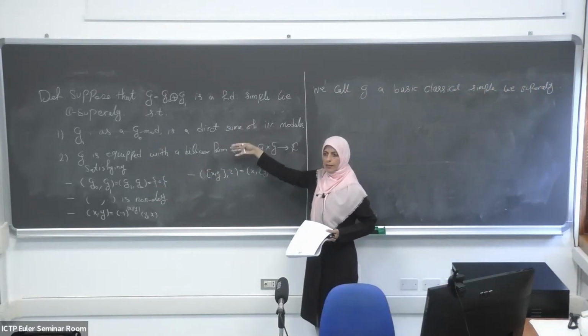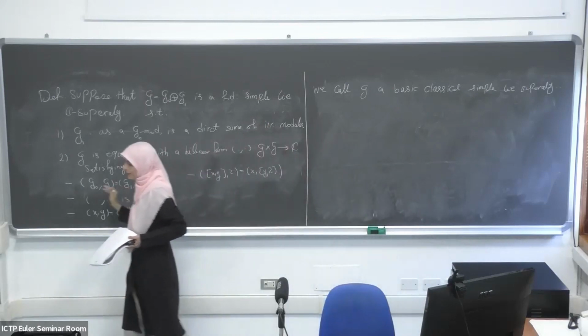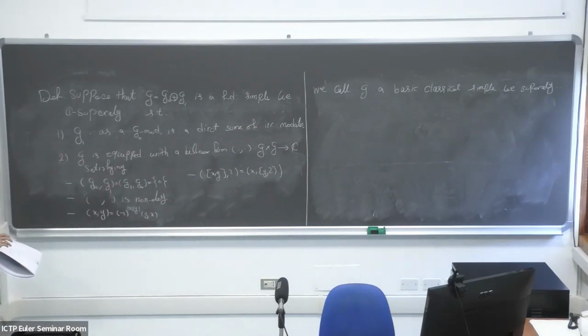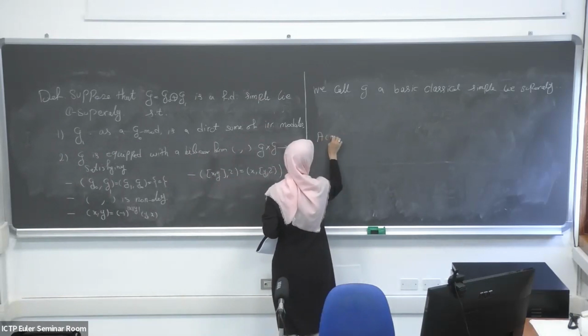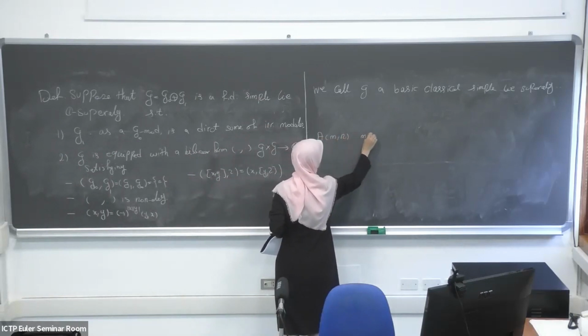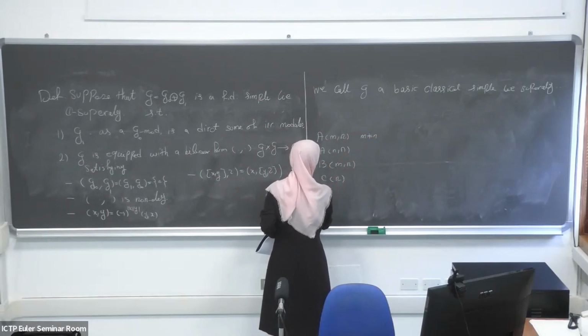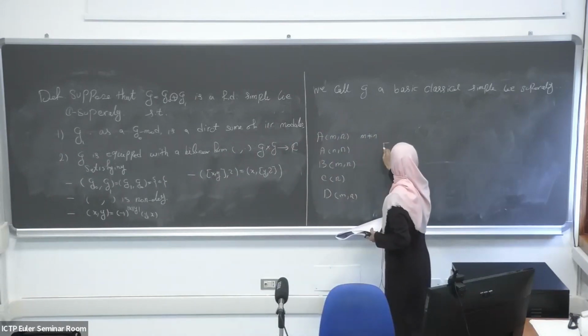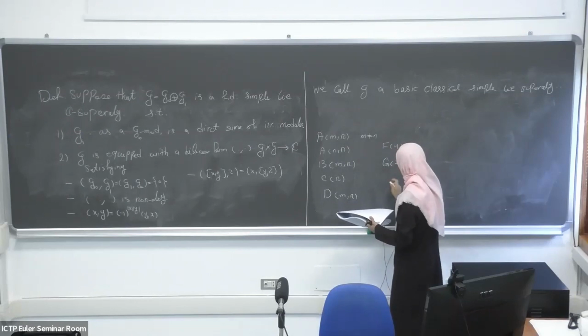Basic classical simple Lie superalgebras are classified, and they are known as types A(m,n), B(m,n), C(n), D(m,n), F4, G3, G2, and I wrote everything, yeah.